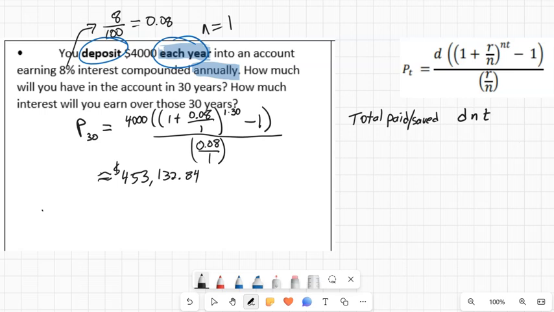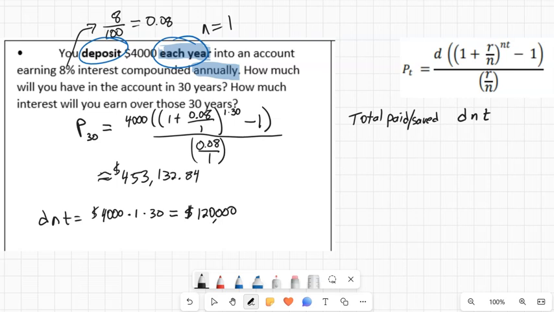So if we work out DNT, D is 4,000, N is 1, and T is 30. What this is: $4,000 times 1 is how much per year, times 30 is how much total. This is actually how much we have saved, $120,000. So if it's a savings problem, DNT will be how much you saved over time.